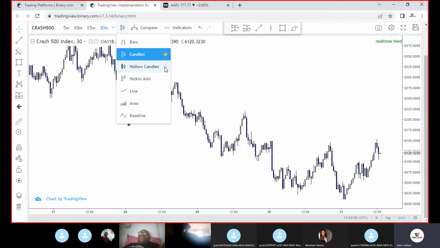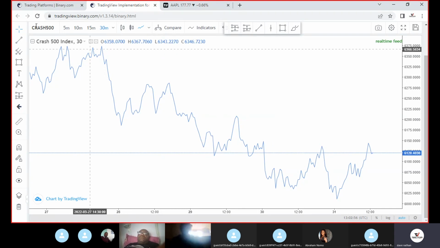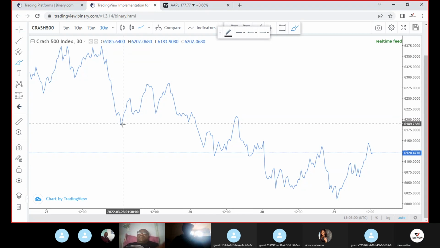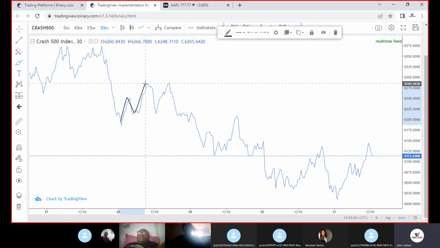So let me pick the line chart, and then if we look at the line chart, you can notice this. Follow me closely. A bullish move upward, downward, upward, downward, upward, down.